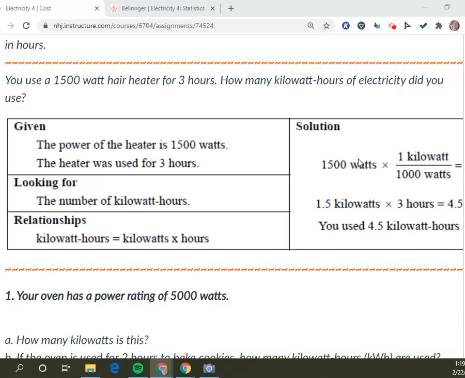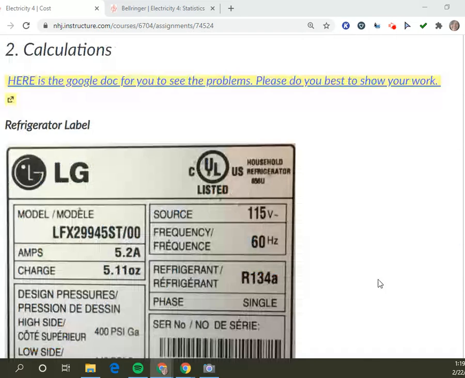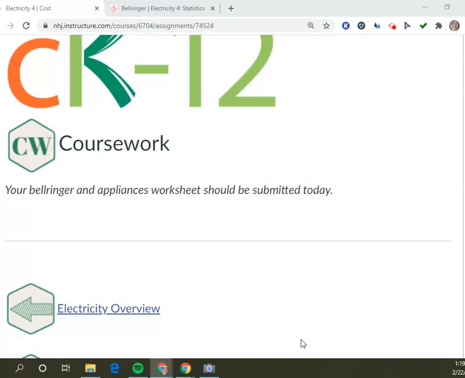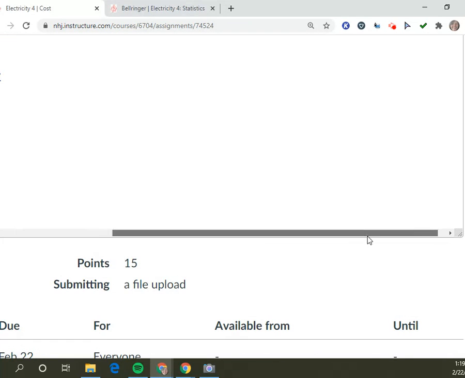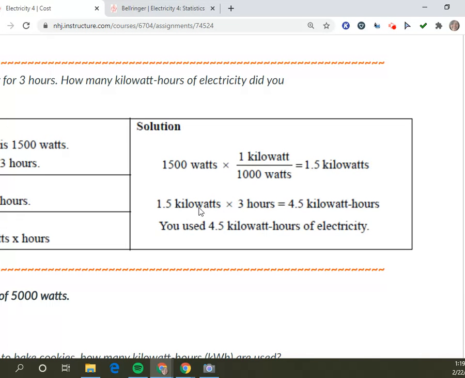When we do the calculation, let's just slide over in our lesson so we can see that calculation. I'm sorry. All right. When we do the calculation, we'd have 1,500 watts times this conversion. We're going to convert watts to kilowatts, so cancel out watts, come up with kilowatts.